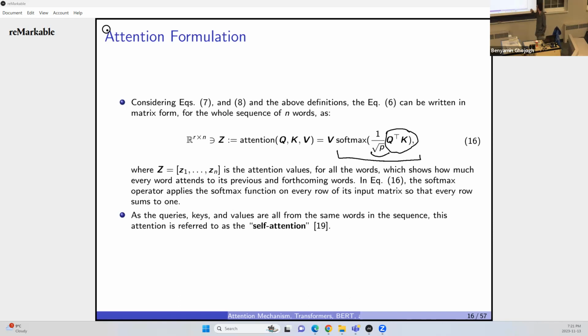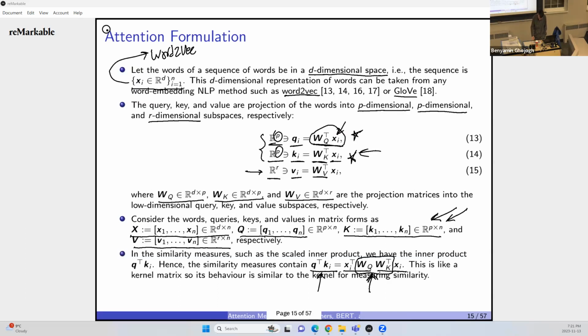It gives me the Ai's, right? And then I have a linear combination of the values. But the value comes here at the left-hand side because of the dimensionality matching in the matrix multiplications, right? So this is attention, and this attention is R by N because of the dimensionalities.